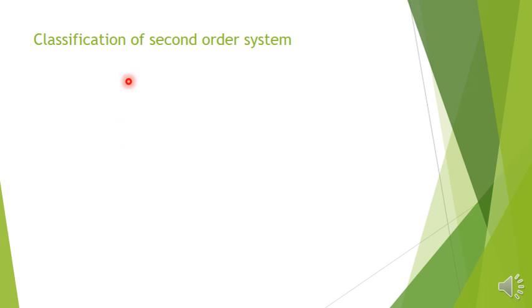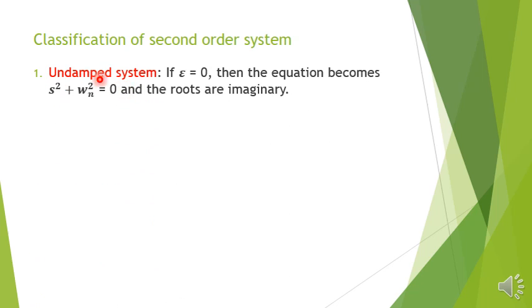Now, the second order system can be named as an undamped system if zeta equal to 0, meaning there is no damping. The damping ratio is 0. Then the characteristic equation becomes s square plus omega n square equal to 0.